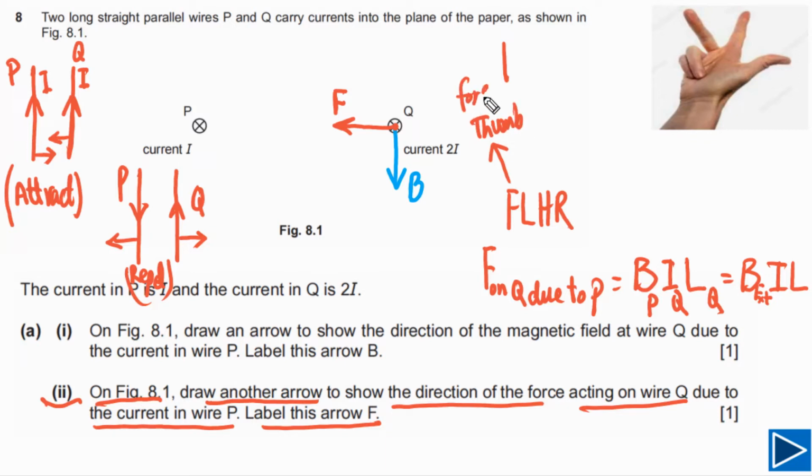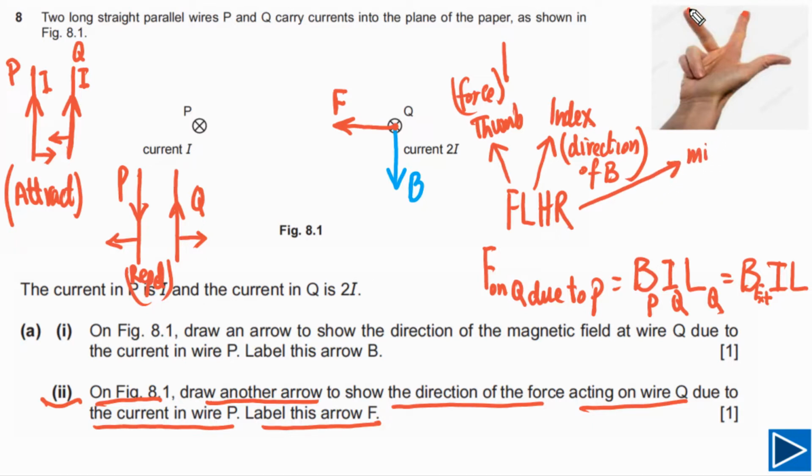Index finger, this finger, represents the direction of magnetic field, meaning the direction of B. And the middle finger represents the direction of current, meaning the direction of conventional current. So this is what we need to understand.